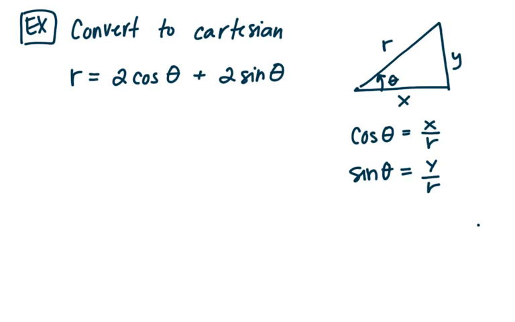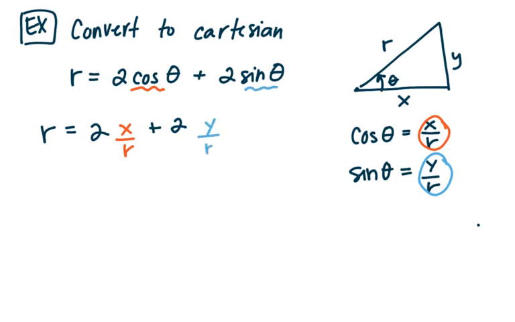So in this case, we now have r equals 2 times cosine theta, which is x over r, plus 2 times sine theta, which is y over r. Since I now have fractions or rational expressions, we can multiply by the LCD to clear the fractions, which would be multiplying both sides of this equation by r.